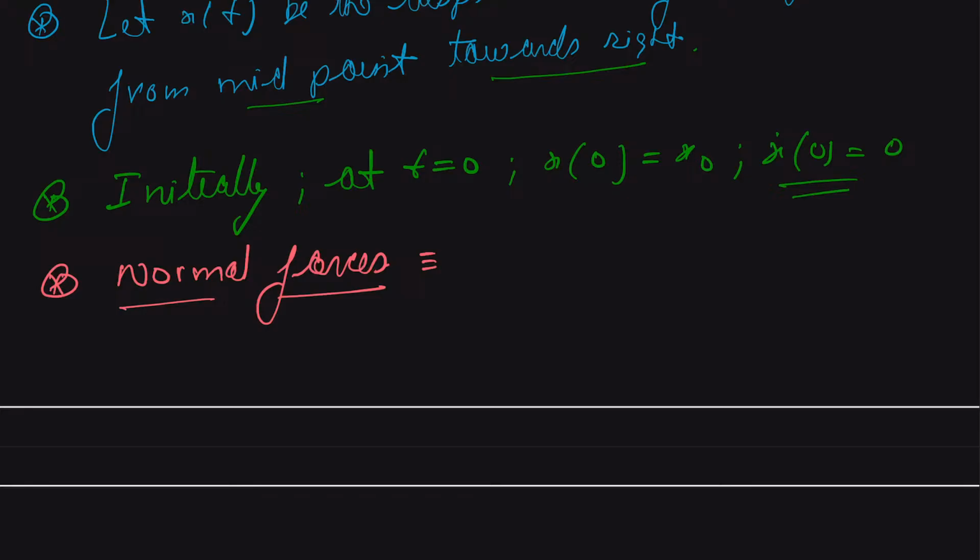Therefore, we can write the equation n of L plus n of R is equal to mg. This is the equation, and the entire motion is on the x-axis, so on the y-axis there is no vertical motion.